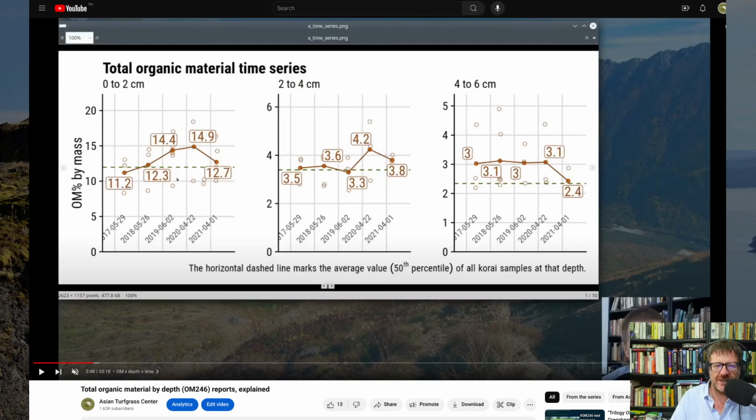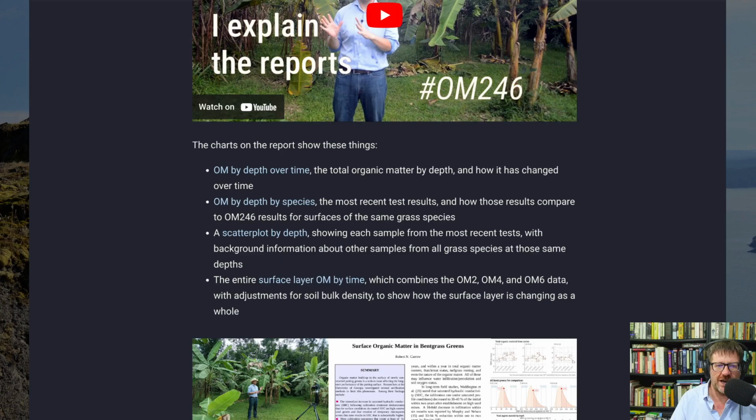So that's why I think this organic material time series is so important, and I would encourage everyone to look at that carefully. But it's always interesting to know how the organic material in your greens and your grass compares to others.